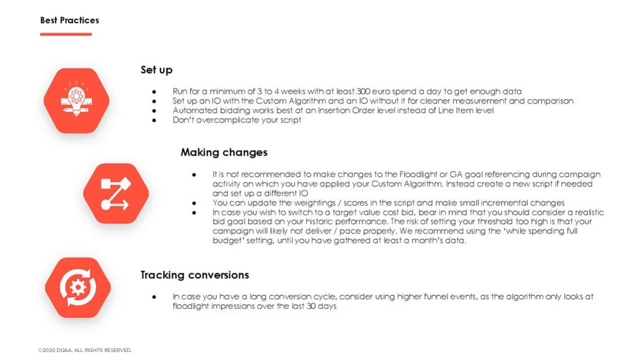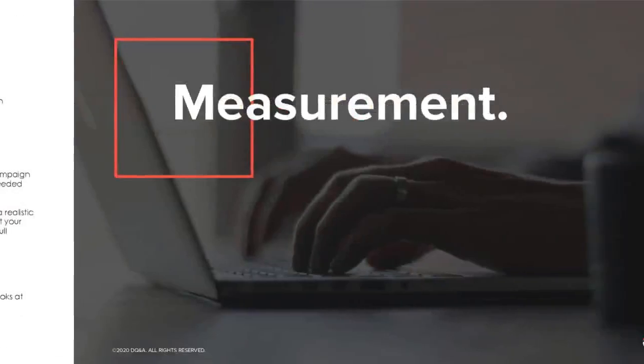So for tracking conversions, in case you have a long conversion cycle, consider using higher funnel events, meaning that, for example, if you're looking at things that are lower in the funnel, you might be considering also product page views, because the reason for that is the algorithm only looks at floodlight impressions over the last 30 days. So keep that in mind.